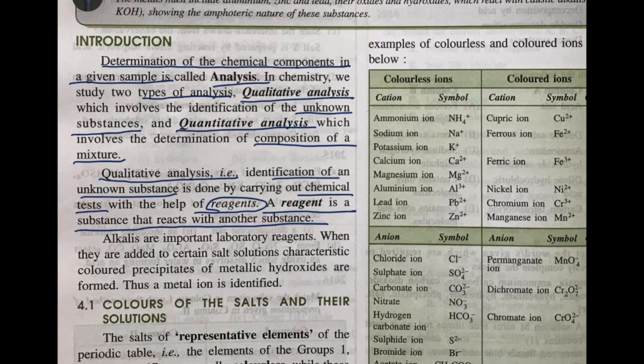Okay, now remember, alkalis are very important laboratory reagents. You know, alkalis are bases which dissolve in water. So when alkalis are added to certain salt solutions, different colored precipitates of metal hydroxides are formed, so a metal ion can easily be identified.